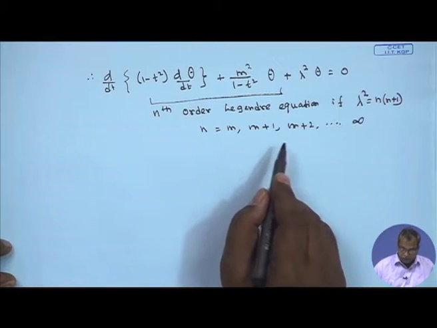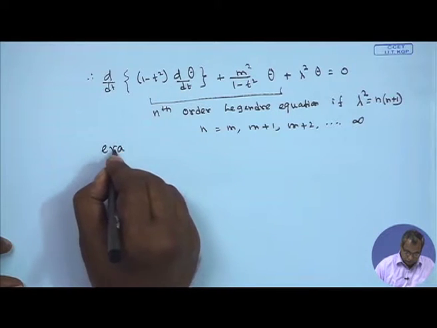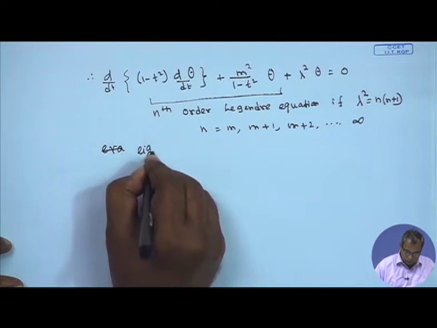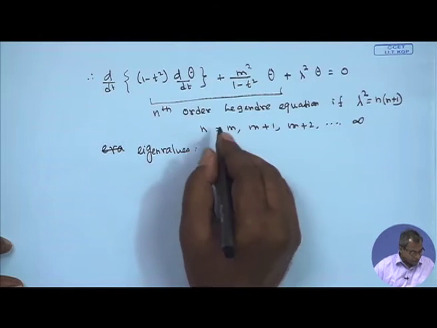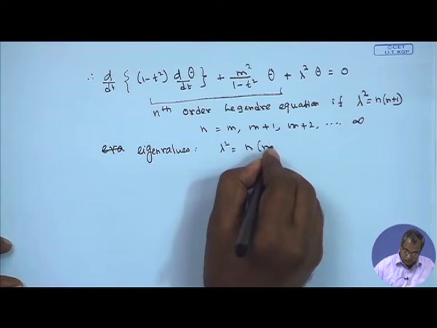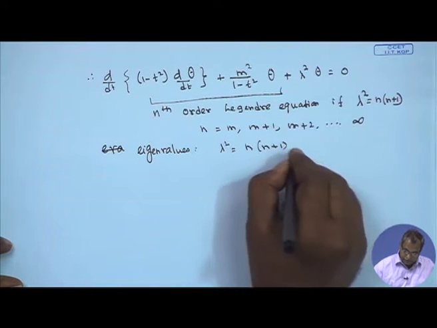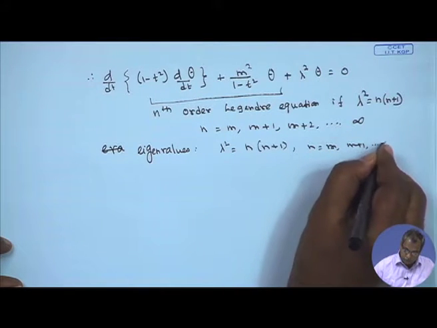So m was running from 0 to infinity. The eigenvalues were lambda square is equal to n into n plus 1, where n runs from m plus 1 up to infinity.